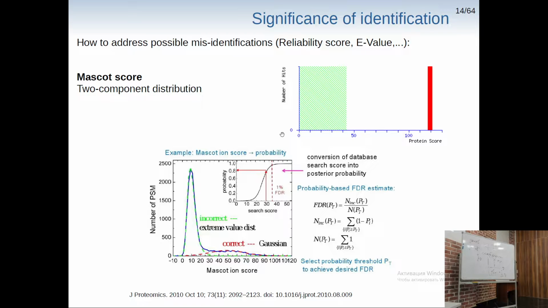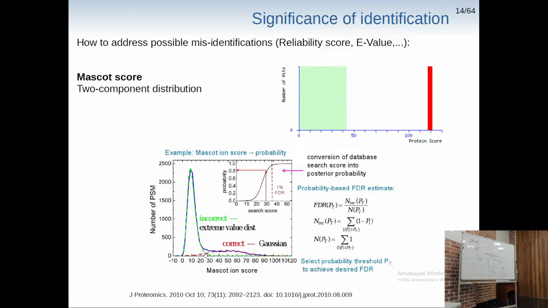Mascot uses a little bit different idea. The idea is that false positives and true positives have a little bit different distribution. For false positives, if you get some score, they will be at this side of the graph. Some low similarity scores will happen a lot, right?